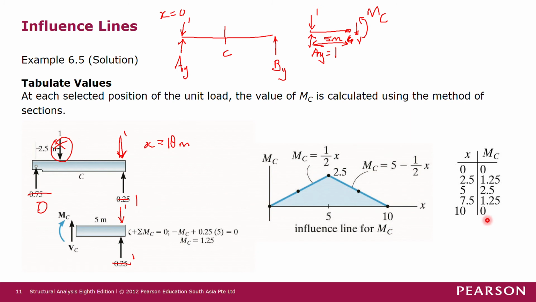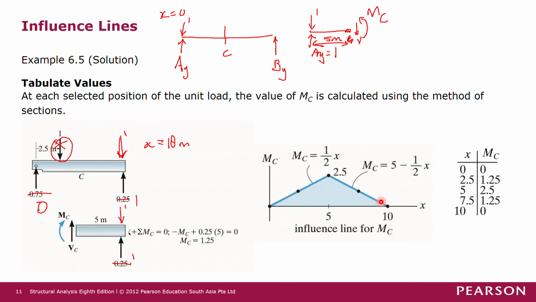So you plot all these tabulated values with respect to the x-axis, and MC are the ordinates. This is MC. This is when the one unit force is at x equals 0, this is at x equals 2.5, this is x equals 5, then x equals 7.5, and x equals 10.